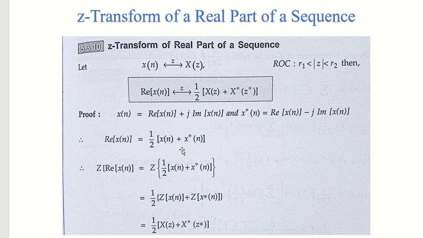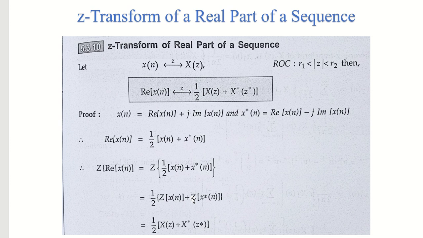Now let's take the Z transform of this real part, and when I take the Z transform of this real part, what will happen? Basically this 1 by 2 can be thrown outside the bracket. We will have the Z transform of x of n and the Z transform of x conjugate of n.